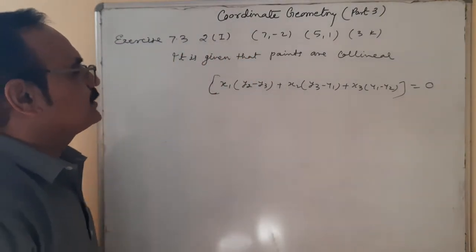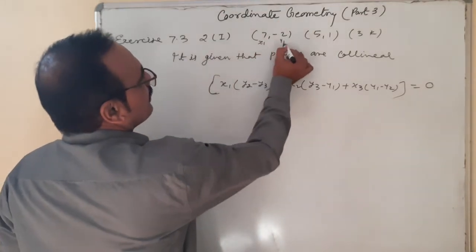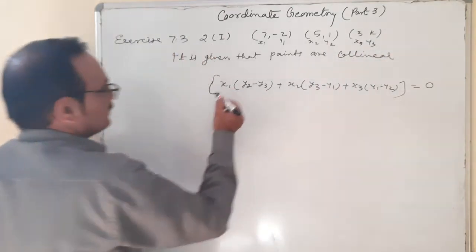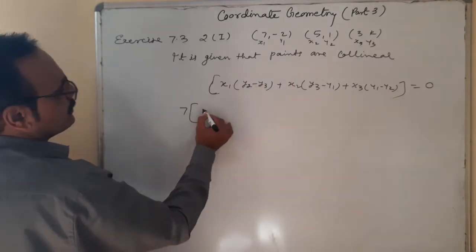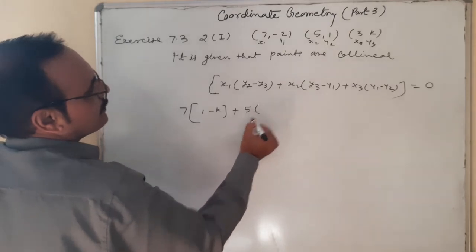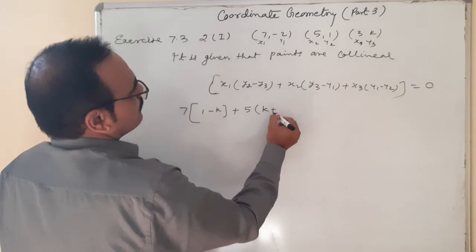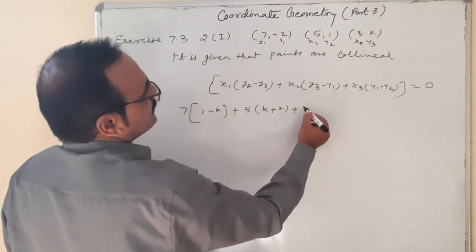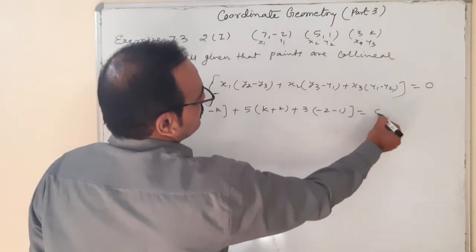Put the values: this is x1 y1, it is x2 y2, and there is x3 y3. x1 is 7, y2 minus y3 is 1 minus k. Plus x2 is 5, y3 minus y1 is k minus minus 2, plus 2. And third is x3 is 3, y1 minus y2 is minus 2 minus 1, is equal to 0.